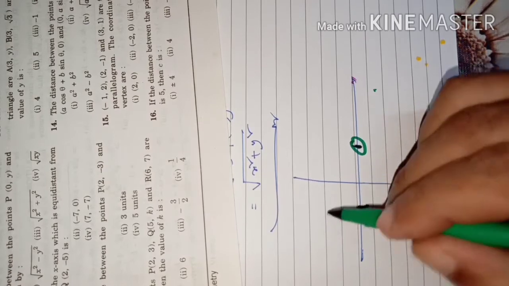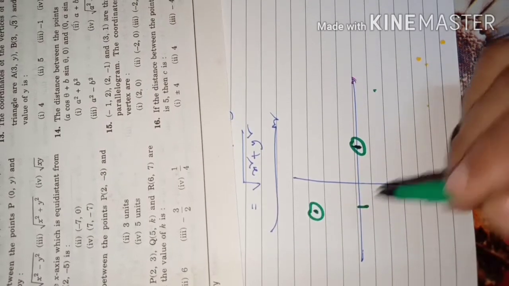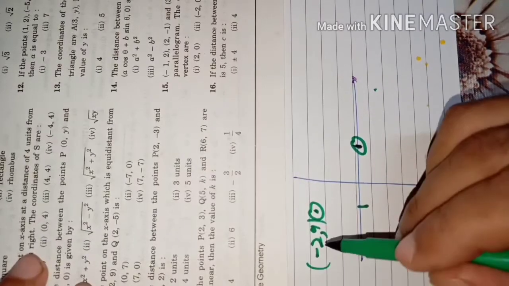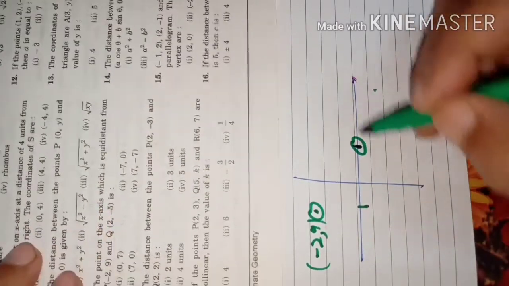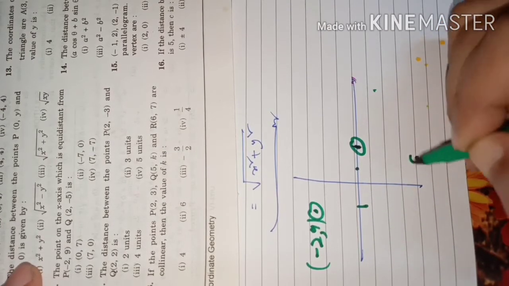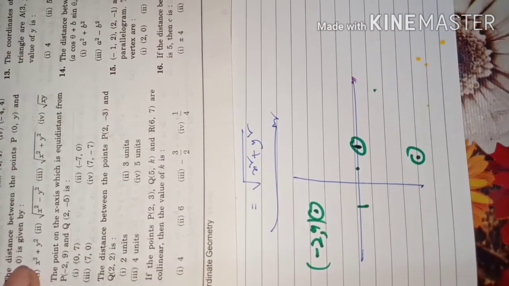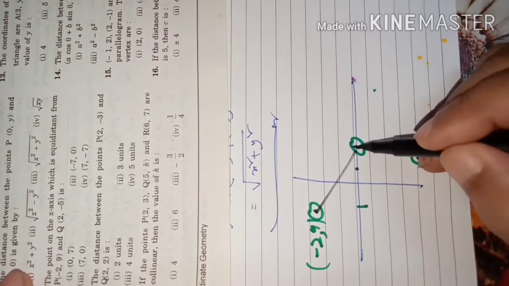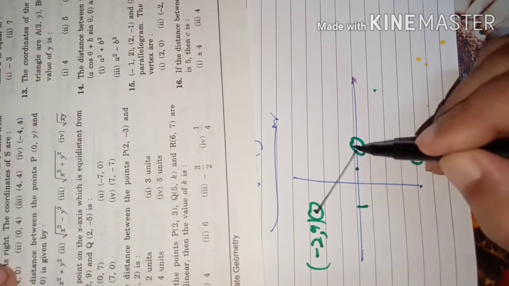Minus 2, 9 will be here, and 2, minus 5 is somewhere here. So this distance is equal to this distance. It is on the x-axis.